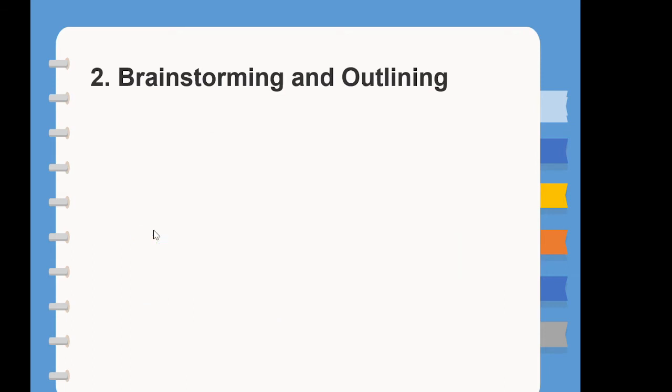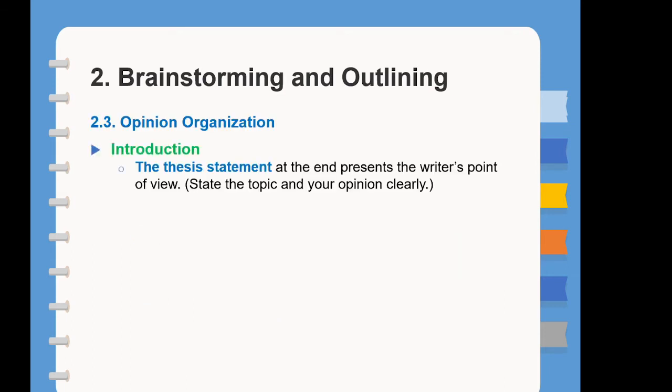Okay, and move to the next, thesis statement. So how do we write the thesis statement of an opinion essay? The thesis statement is the last sentence of the introduction, and it presents the writer's point of view.